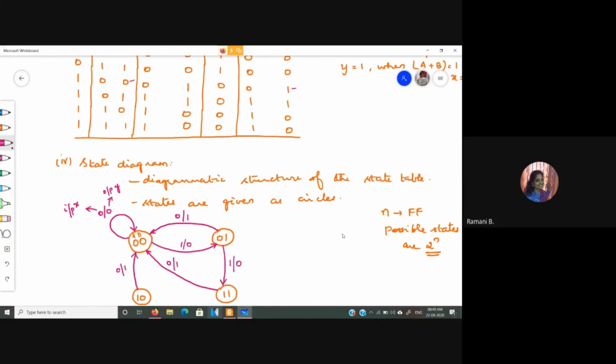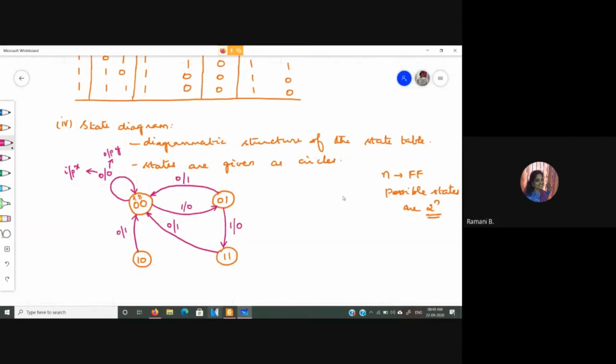That means it is remaining in the same state, so a self loop. And lastly, for input 1 and present state 1 1, we have the next state value to be 1 0 and the output is 0. So this is called the state diagram. This is just the diagrammatic representation of what is given in the above table.